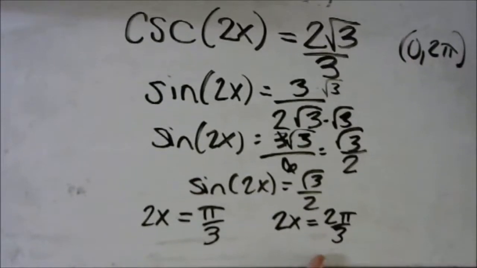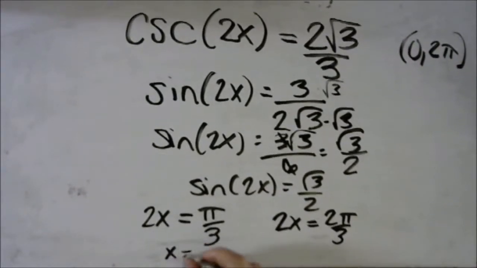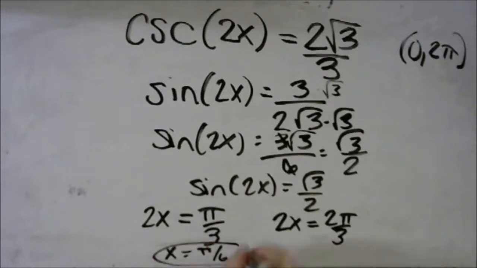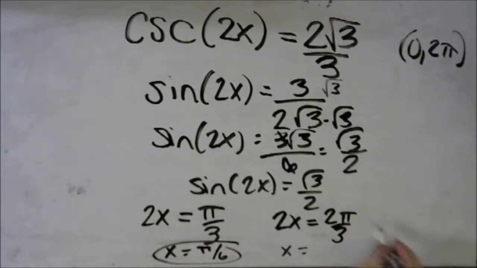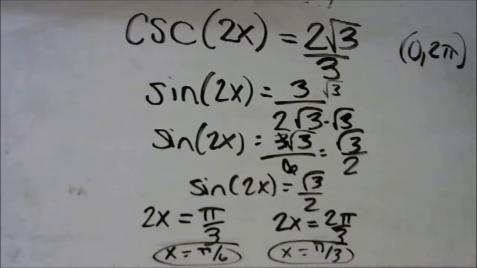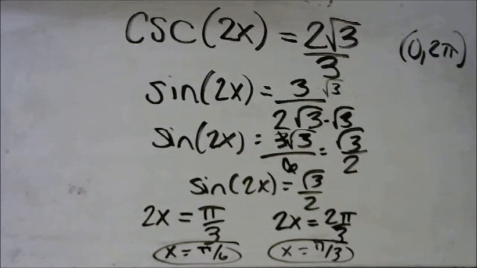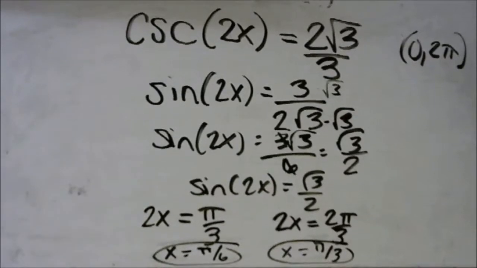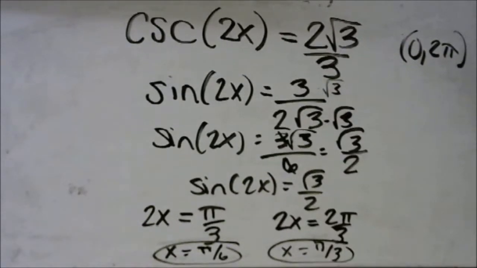Dividing both sides of the equation by 2, we get our first answer is that x equals pi 6. And for our second answer, we get x equals pi thirds. All right, let's take a look at another example and see if there's anything we can change about this equation to increase the difficulty.